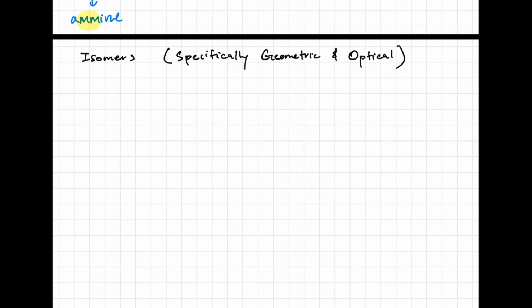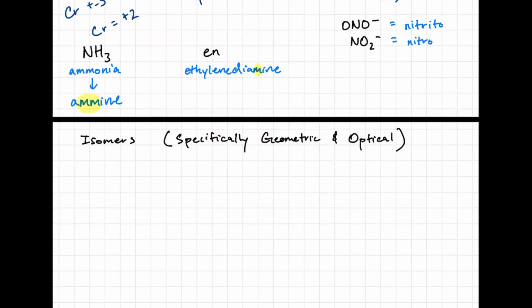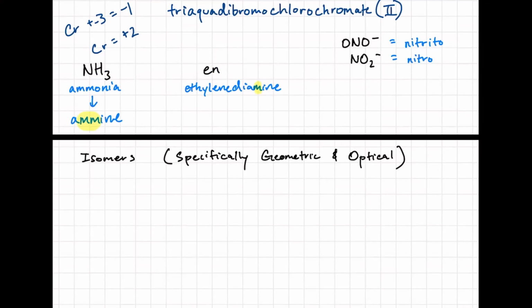I know she mentioned a few other ones, like linkage isomers, which is what these are. There's also coordination isomers, where the metal changes.